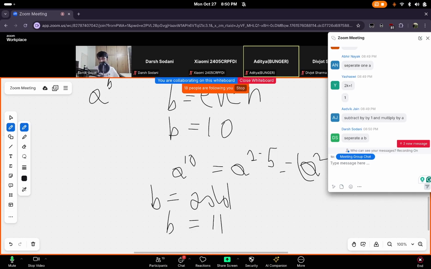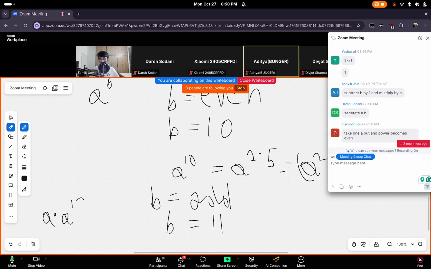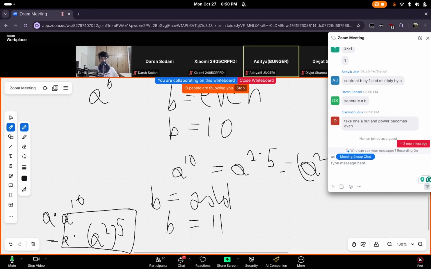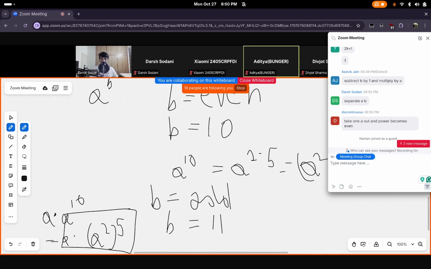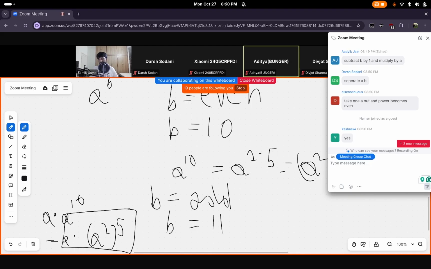So when b is 11, you can just say it's a into a to the 10, which is the same as a into a squared to the fifth power. I hope everyone can understand this. It's called fast exponentiation. It's a really cool trick.